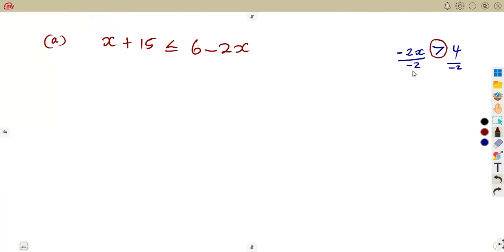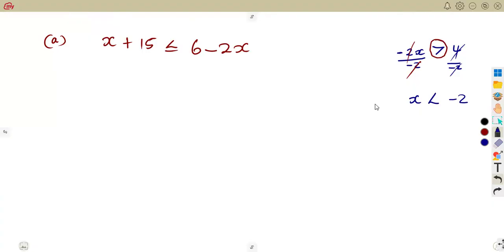It is going to reverse. The moment I divide by this negative 2, it means x is now less than. It was a greater than, but it will be less than. All right, minus 2 into 4, which is minus 2. That is the major part that you have to consider: the division or the multiplication by a negative, both sides.